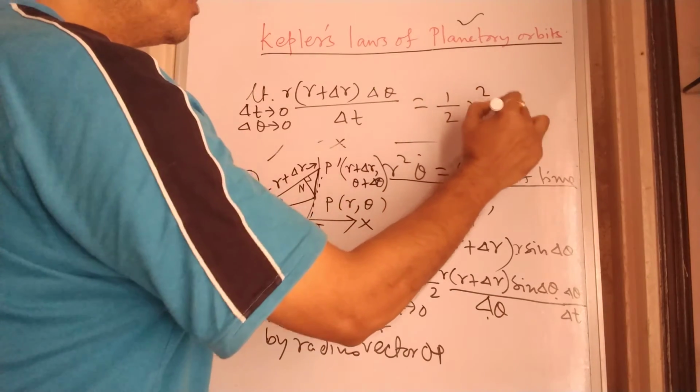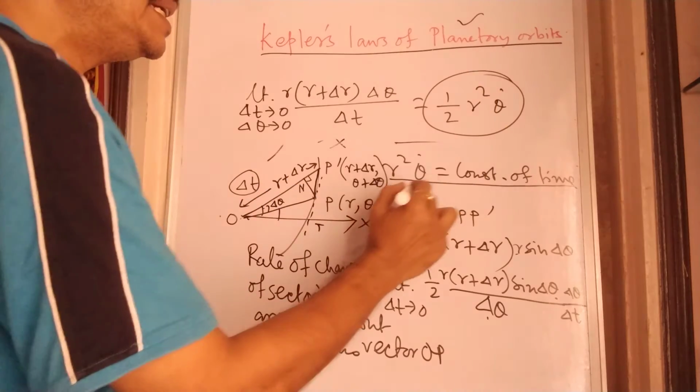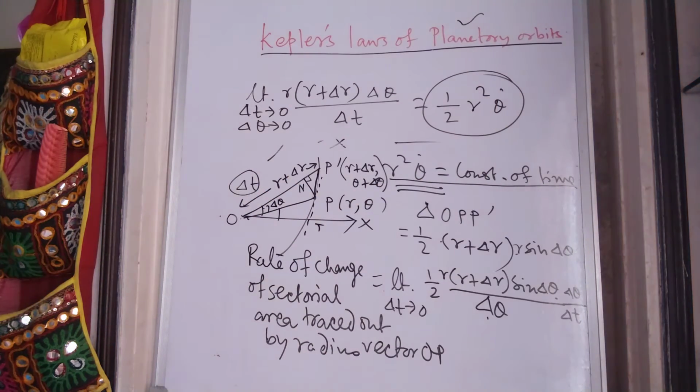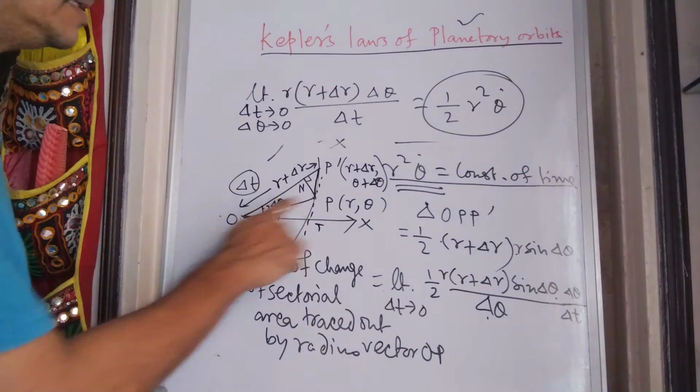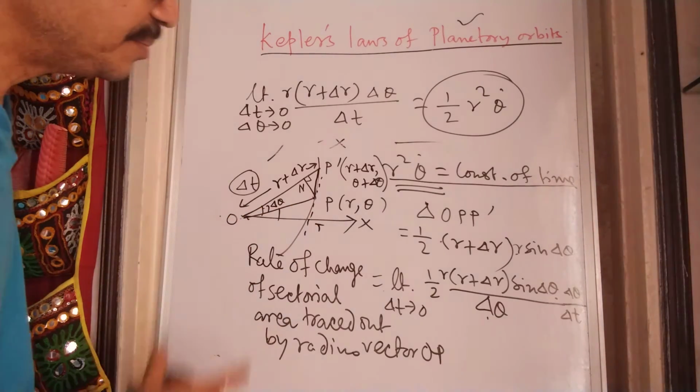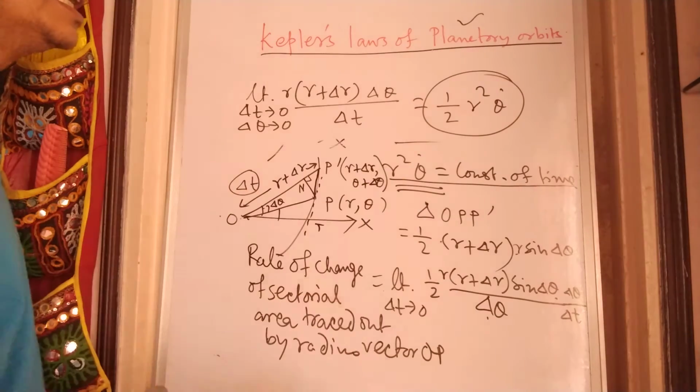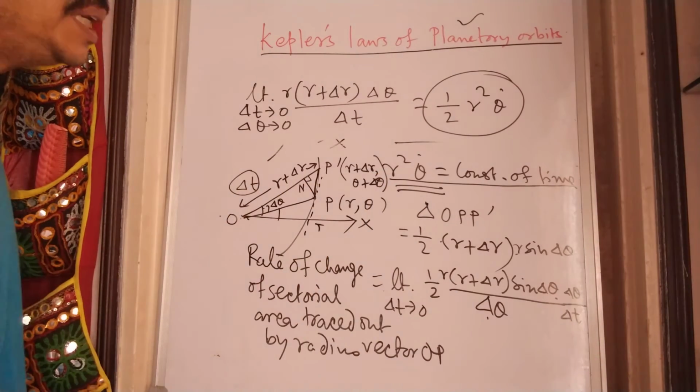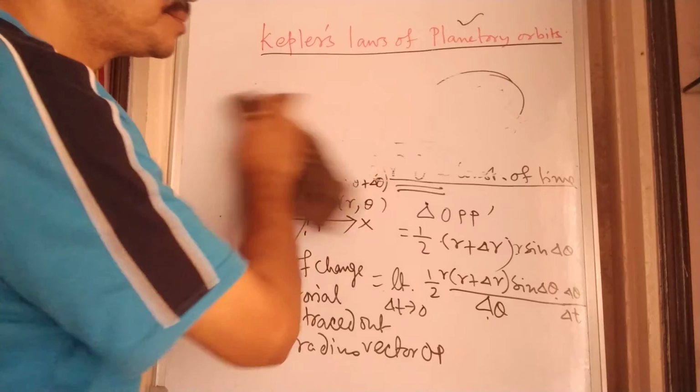So this becomes half r squared theta dot, the very term r squared theta dot, or constant of time. So we have proved the second law, which states that the radius vector sweeps out equal area in equal time. The area turns out to be half r squared theta dot, which is actually a constant of time.